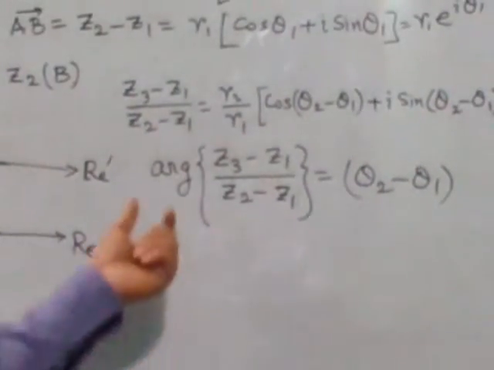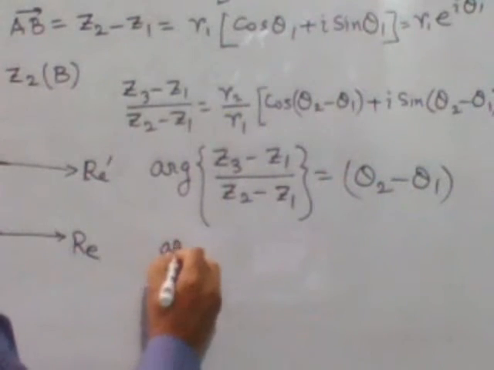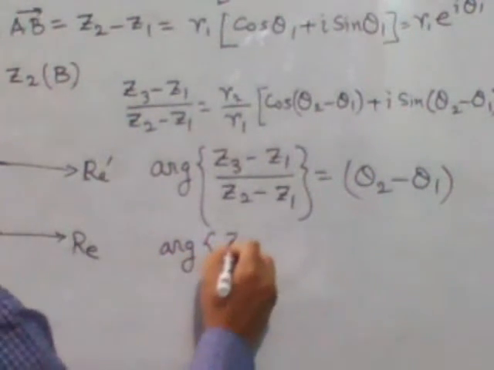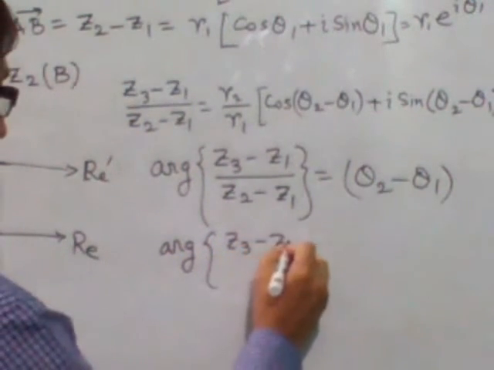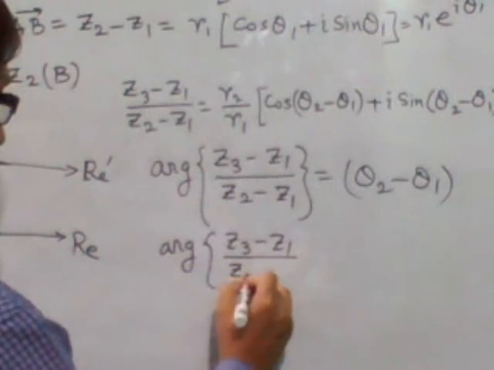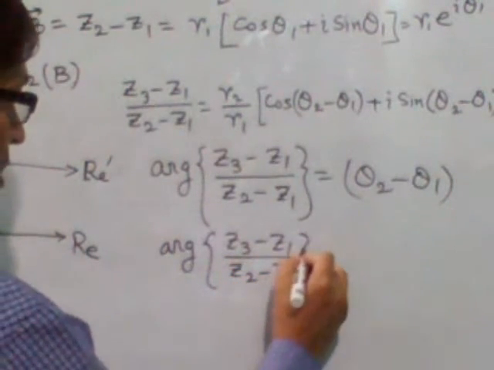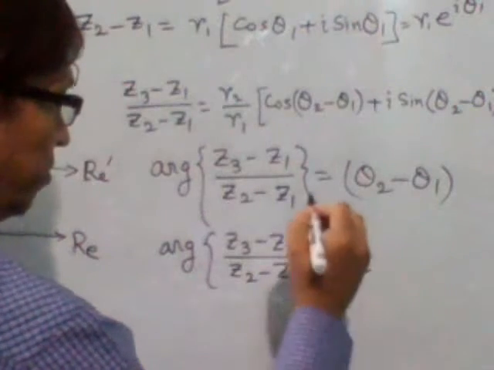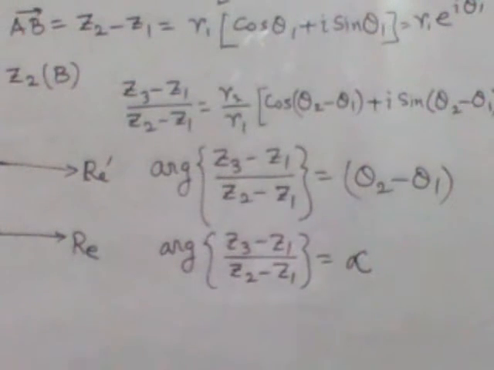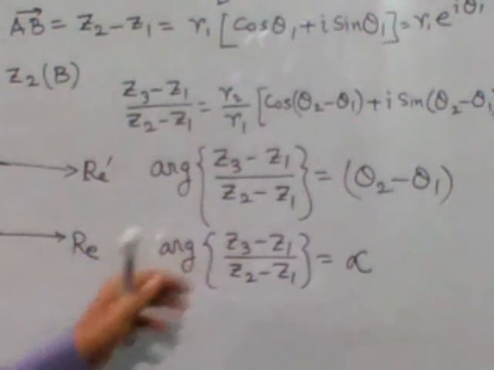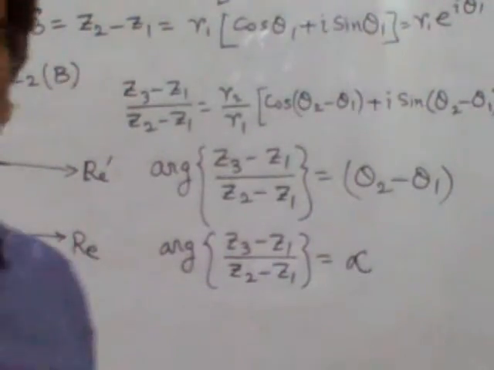So we have got the argument of Z3 minus Z1 by Z2 minus Z1 equal to alpha. So this is the angle between two vectors. If we want to find the angle between two vectors, we simply have to take the position vectors of all the points, and then their argument will give you the angle.